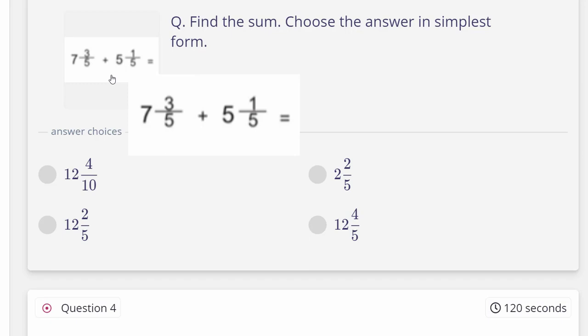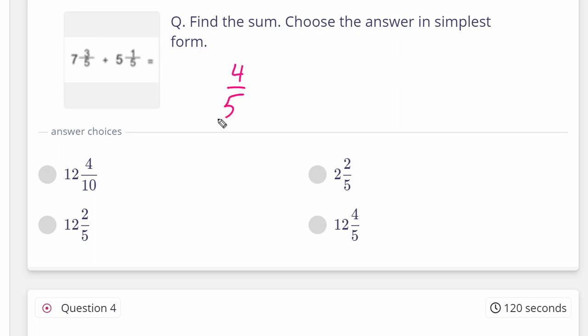Saleh, yes, go ahead. Find the sum, choose the answer, in simplest form. Start with the fractions. 1/5 plus 3/5 equals 4/5. Great.